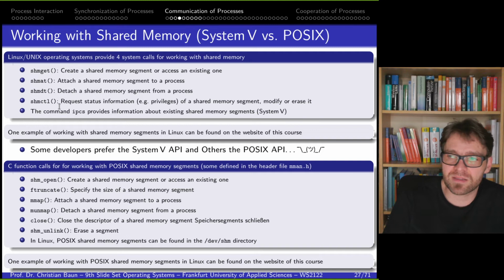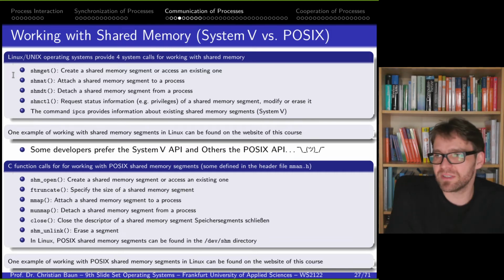As the names already indicate, with shared memory get we create segments or get access to existing ones. With attach and detach we attach and detach the segments, and with shared memory control we can modify them or get rid of them or get some information about them.